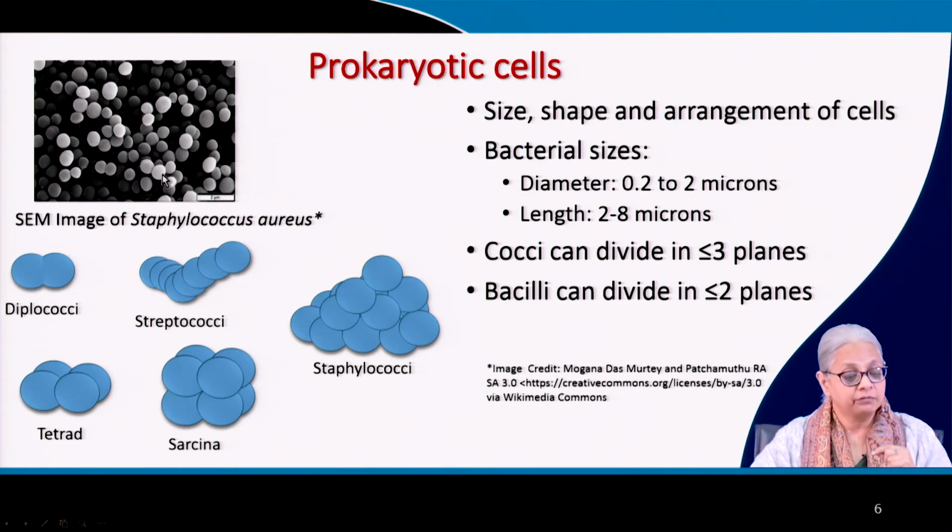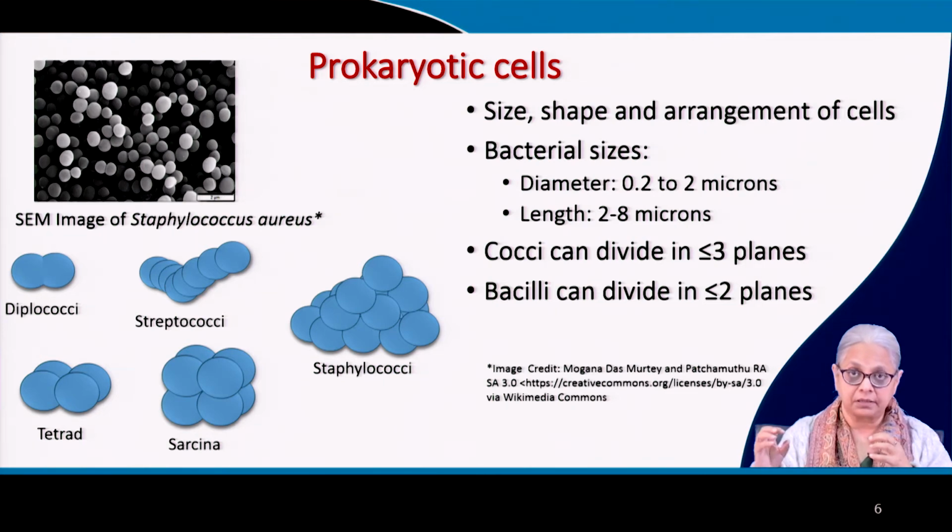So if you have cocci similar to this particular species, Staphylococcus aureus, let's imagine that we have a single coccoid cell. If it reproduces in one plane, just like a line, so a line is your one-dimensional reproduction, and this particular coccoid has split into two, so it's a diplococci.